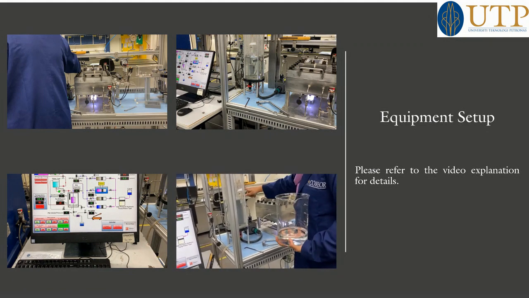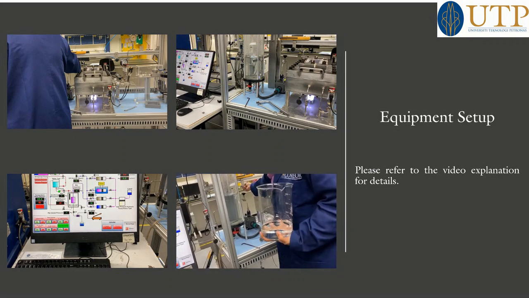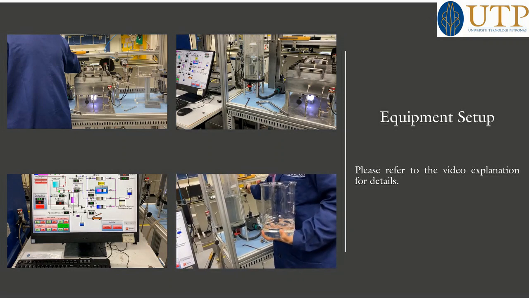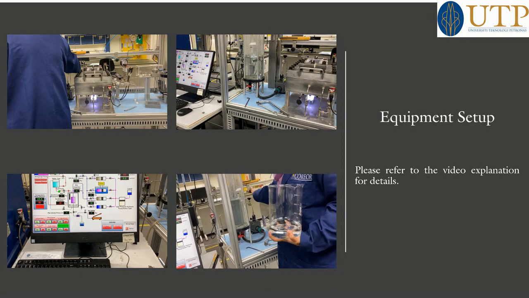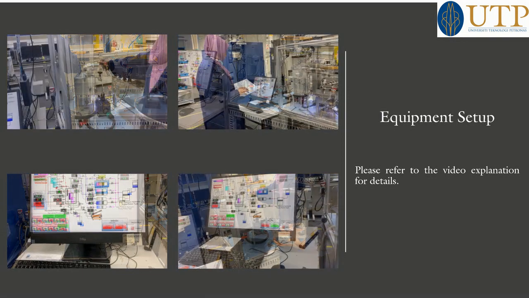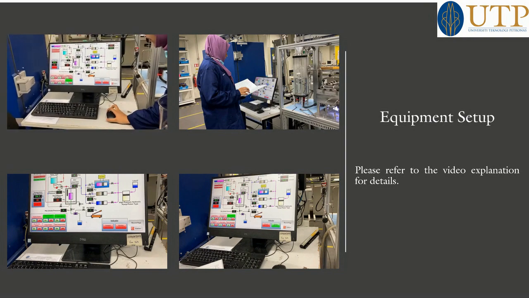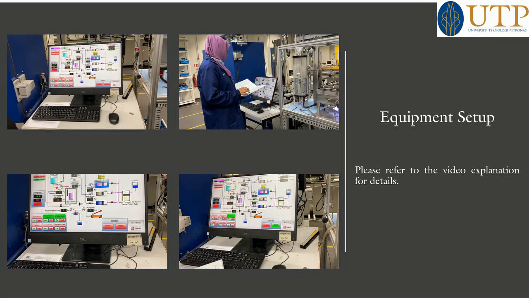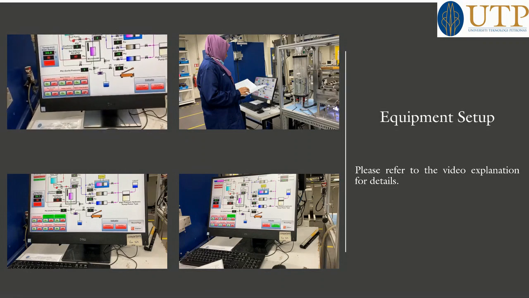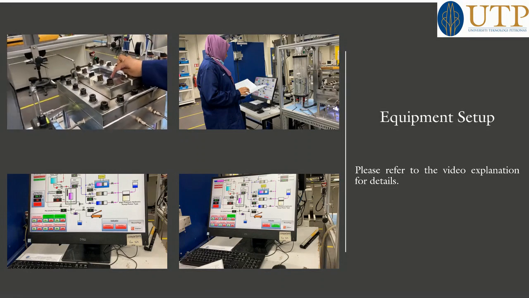So now we have to close V6 and V5 and close the water pump button. So this Micromodel is now filled with water.